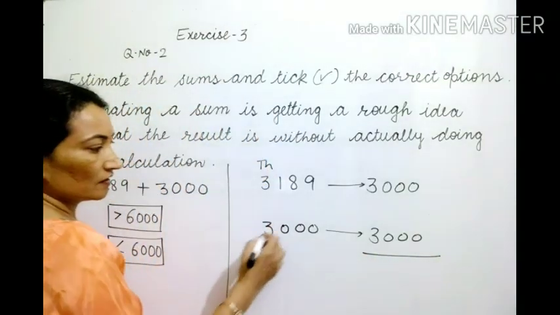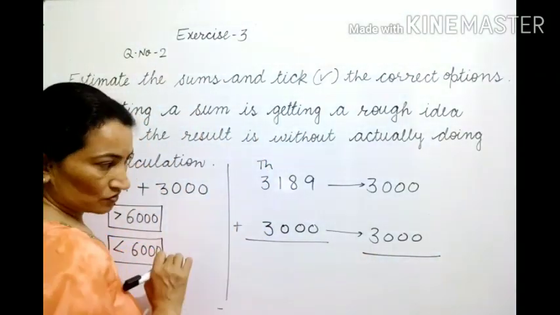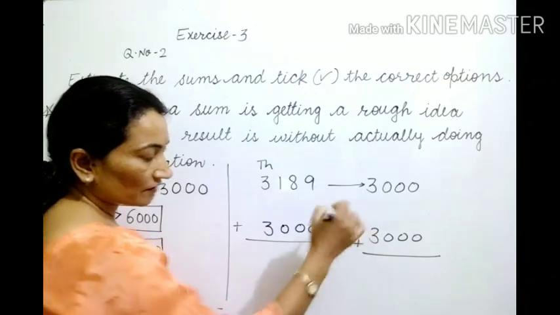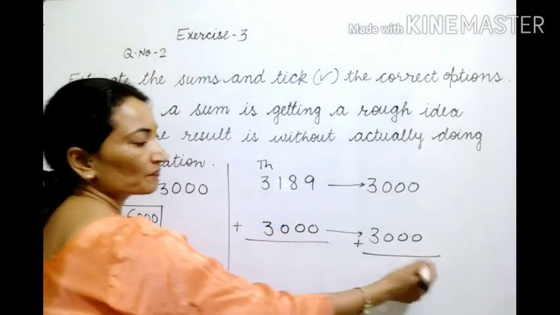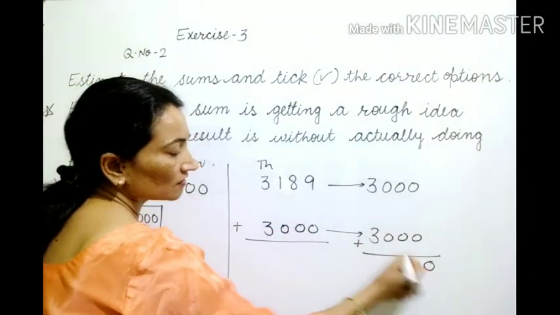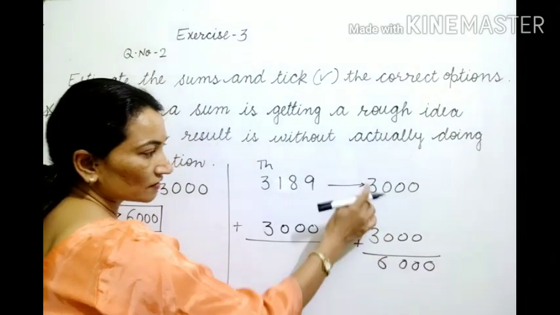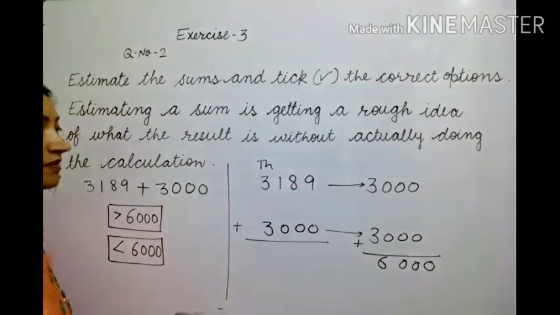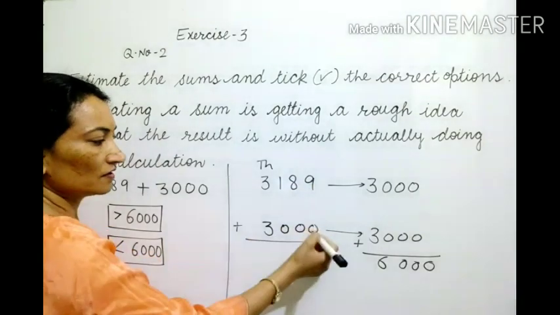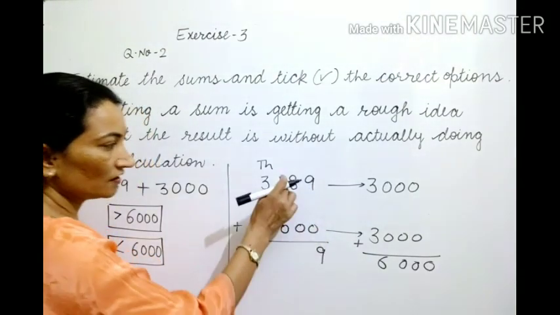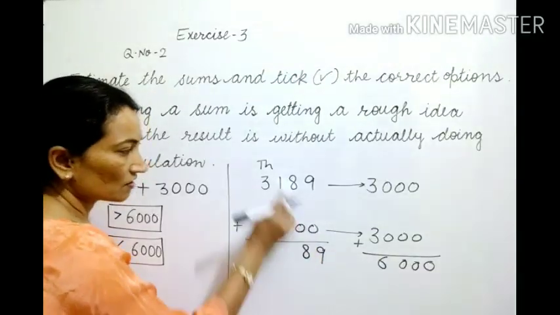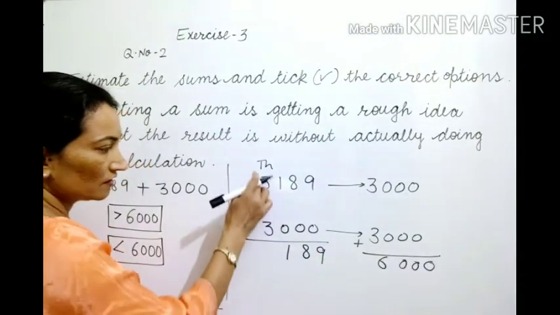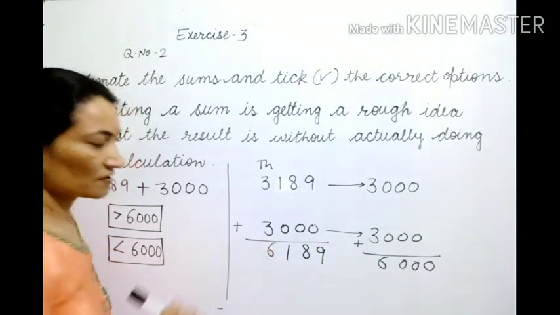Now here we find the actual addition and here we find the estimated sum. The estimated sum is 6000: 3 plus 3 is 6 and the others are zeros. Now we will find the actual addition. 9 plus 0 is 9, 8 plus 0 is 8, 1 plus 0 is 1, 3 plus 3 is 6.